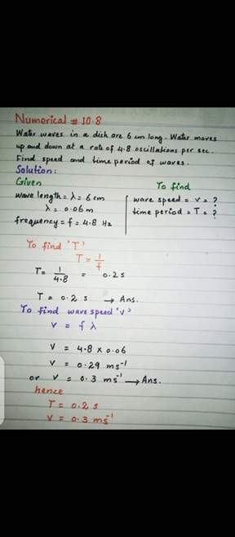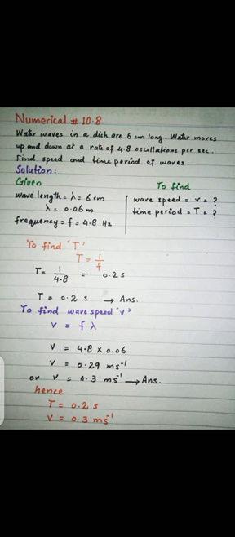Now, we are going to find the wave speed V. Girls, we know that V equals f lambda. Frequency is given and lambda is also given. Hence, by putting these two values in the relation V equals f lambda, we get V equals 4.8 multiplied by 0.06.